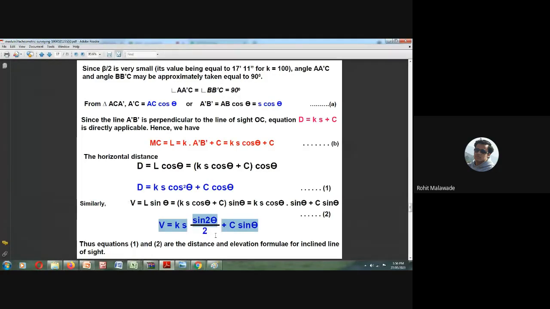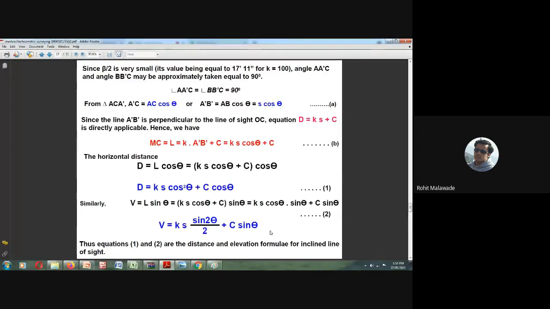Thus, by using equations 1 and 2, d is nothing but ks cos square theta plus c cos theta, we can determine the horizontal distance d, and if we want the vertical distance, we will be using the formula ks sine 2 theta divided by 2 plus c sine theta. So these two formulas we will be utilizing when we need to solve the problem.